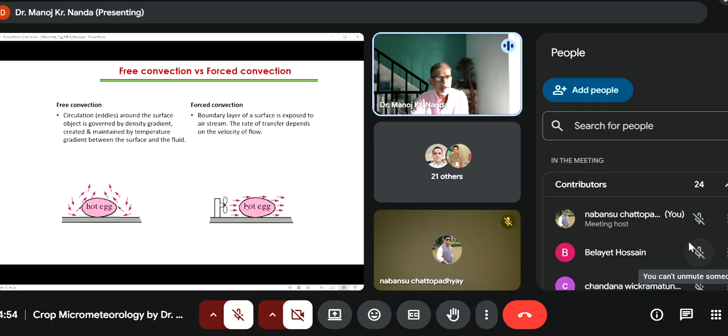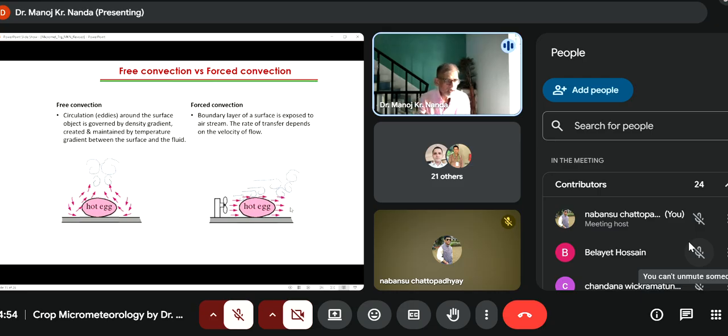But in this case, there is a horizontal velocity and that causes the eddies to form. Yes, the thermal component is there because it is a hot egg, but even if it is a cold egg, the same thing will happen. So here the eddies are like this, and here the eddies are like this. This is forced convection.